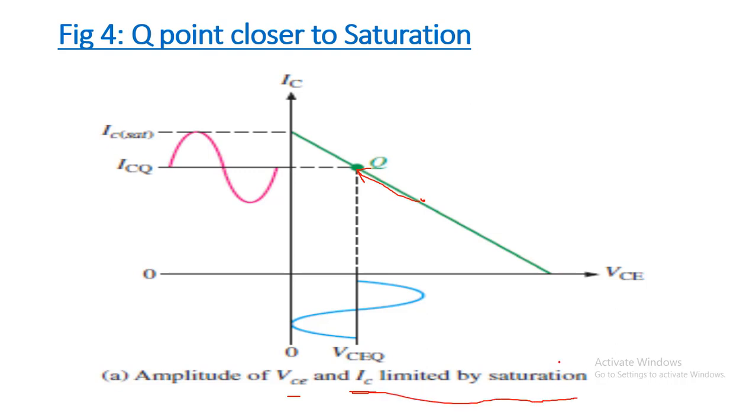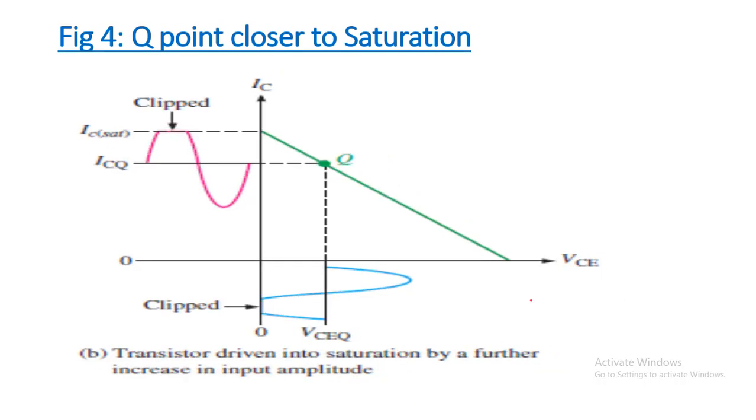If you want to take maximum efficiency from a class A amplifier, you always need to have this Q point at the center, instead of below or above that point. Now you see, if you take this point more above the saturation point, the above portion will be chipped off. You can see that this is clipped off as well. Similarly, this portion will be clipped off as well. So you see, this is not a very good methodology, or implementation, to apply the amplification.